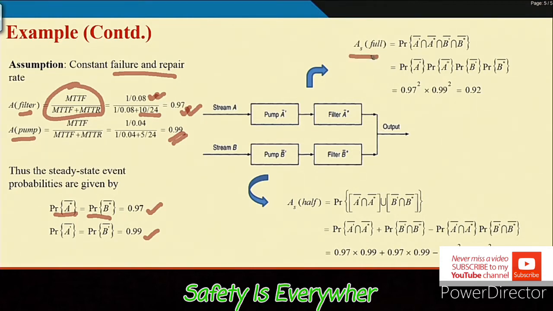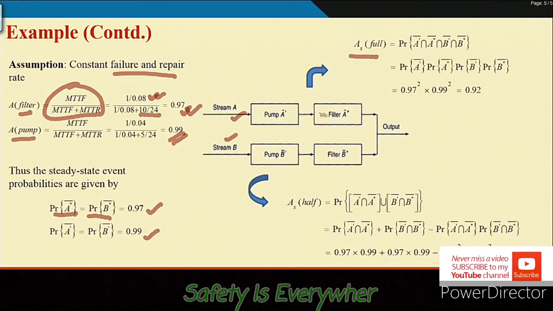Availability of full means both stream A and stream B should be successful. So, what is the probability of stream A being successful? Both pump A and filter A must work. Similarly, for stream B, both pump B and filter B should work.